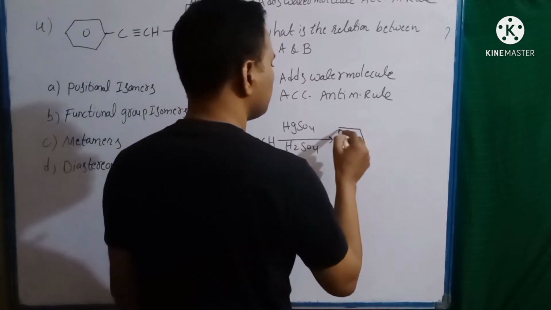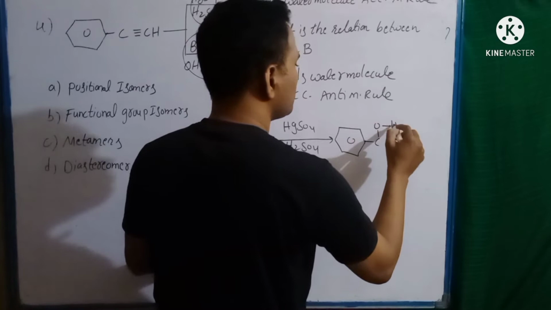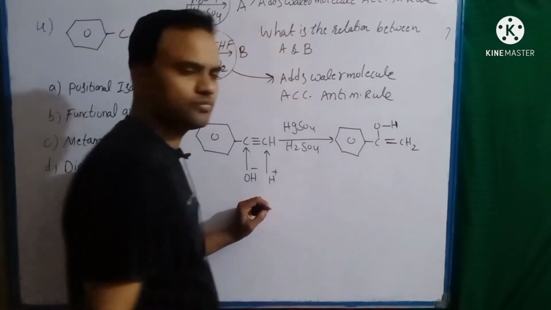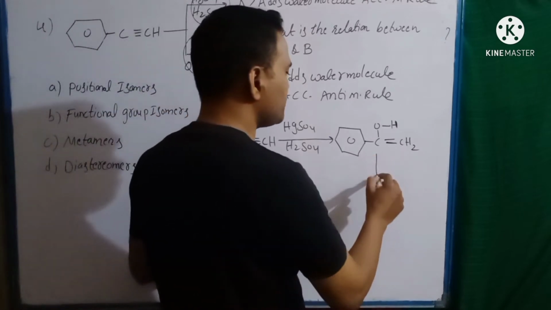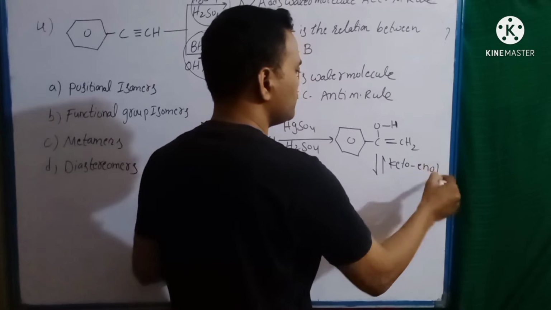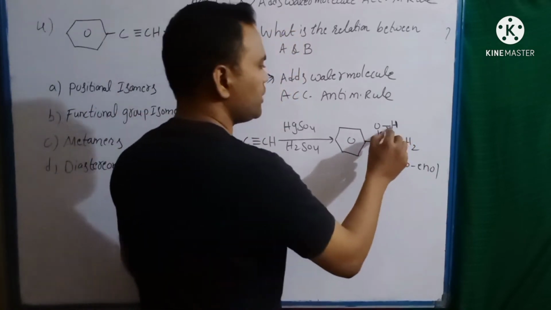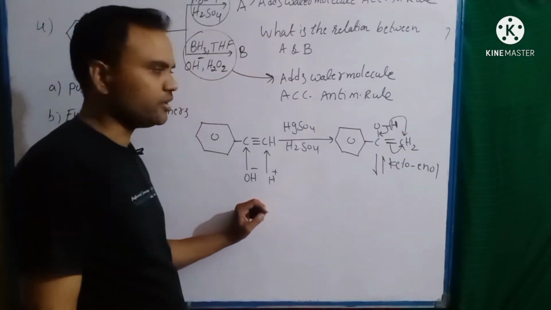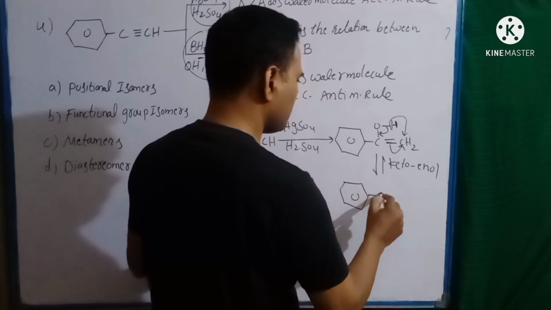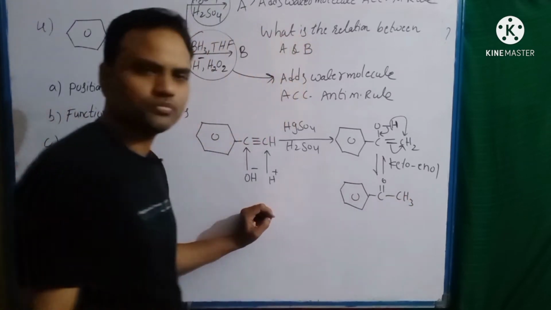So here we get C(OH) double bond CH2. And here keto-enol tautomerism takes place. This bond will shift this side, this bond will shift this side, and hydrogen will shift onto the carbon atom and gives C double bond O CH3, a ketone.